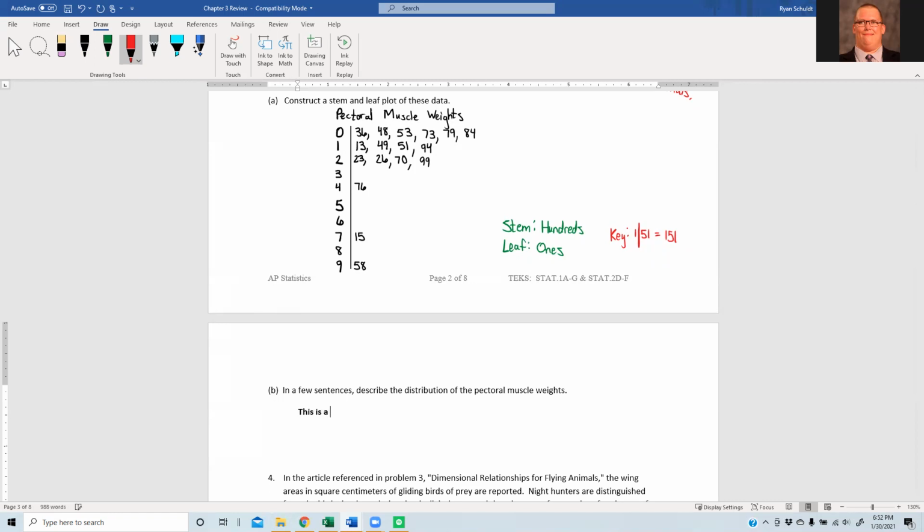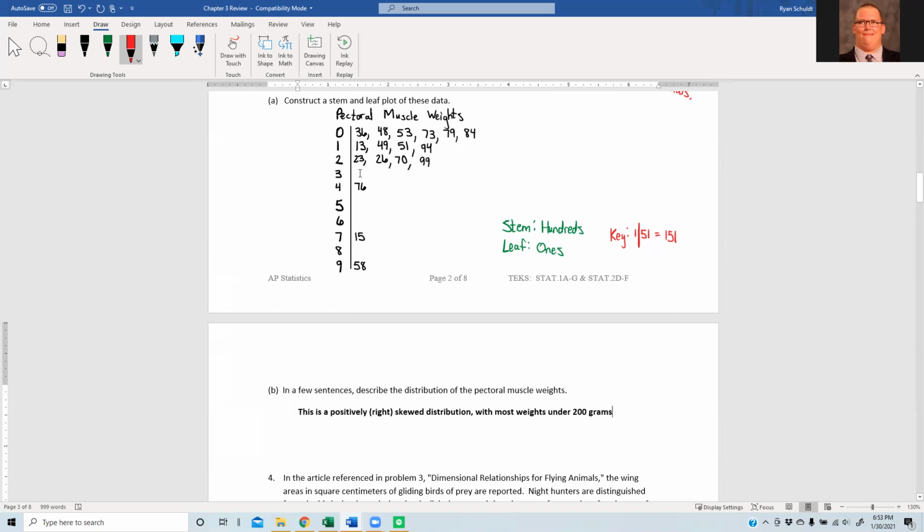This is a positively, or we can say right skewed distribution with most weights under 200 grams. Why did I say 200? Because I have 10 weights under 200 and only 7 above it.